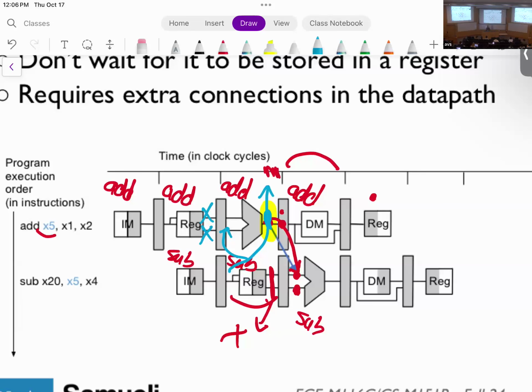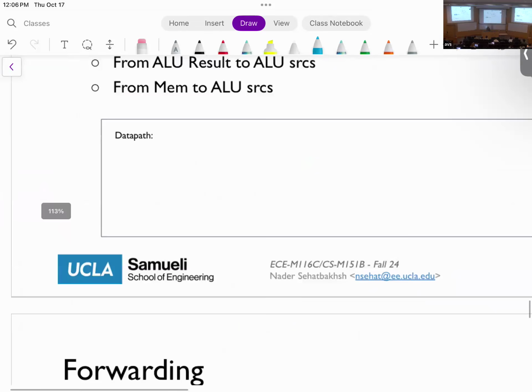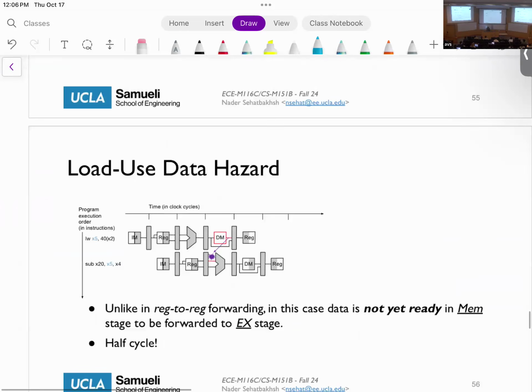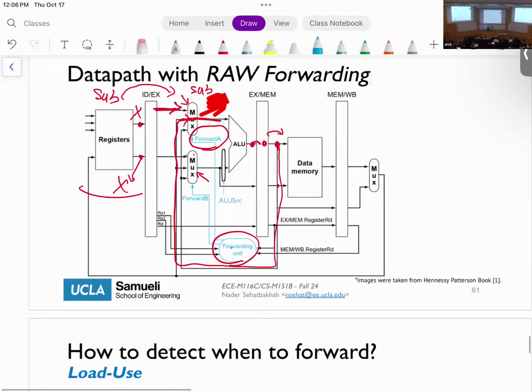So essentially, I read some wrong, old values, but I can let that read happen and overwrite it with the value that I generated by the ALU. And we showed that this can actually happen, as I showed you later, using this architecture here.